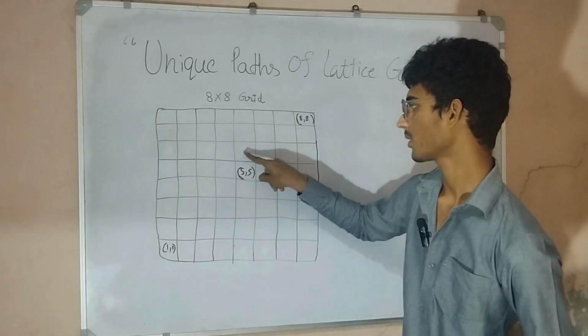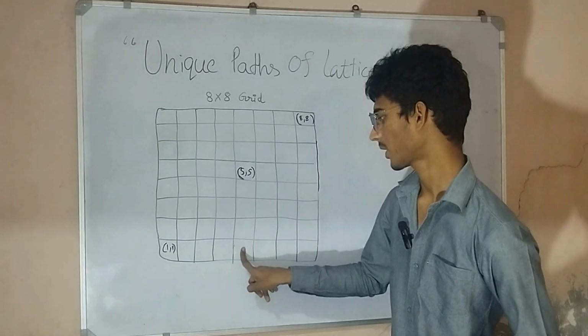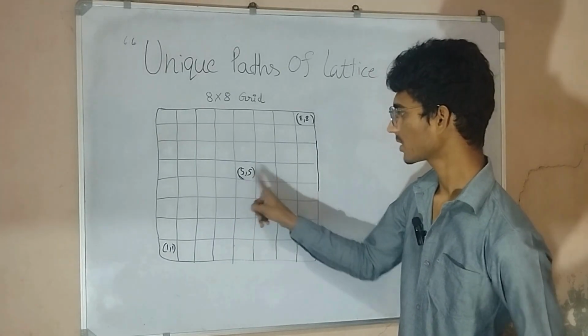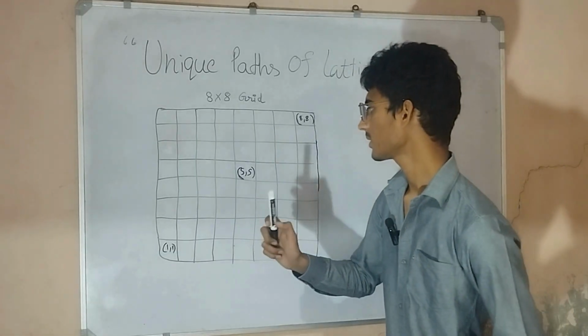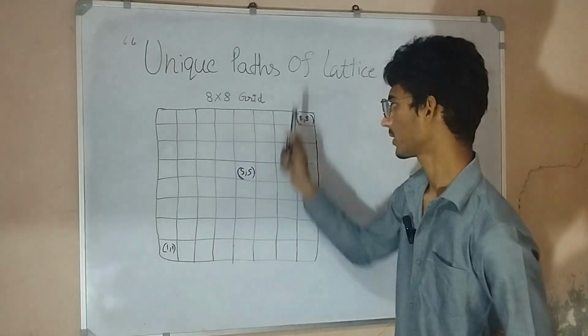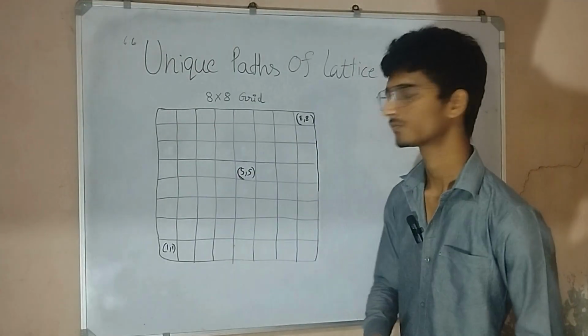You cannot reach your destination because a downward move is not allowed. Similarly, if you go right, right, right, right, and take one more right, and then go up, up, up, up, you cannot reach your destination because a leftward move is not allowed. So you are restricted by this row and this column, and you have to play your game in this area only.